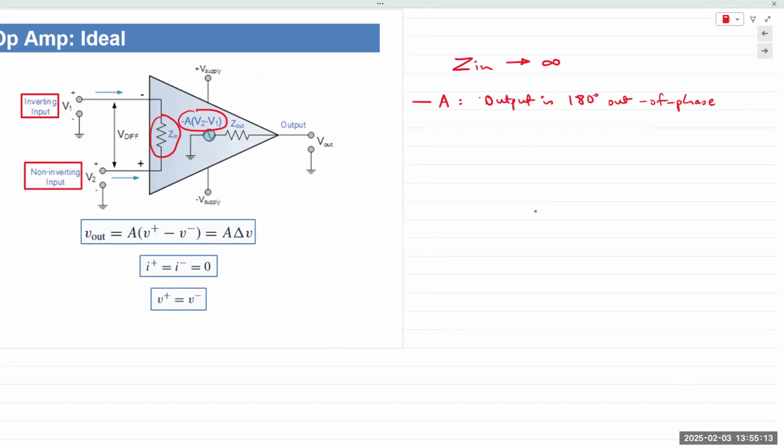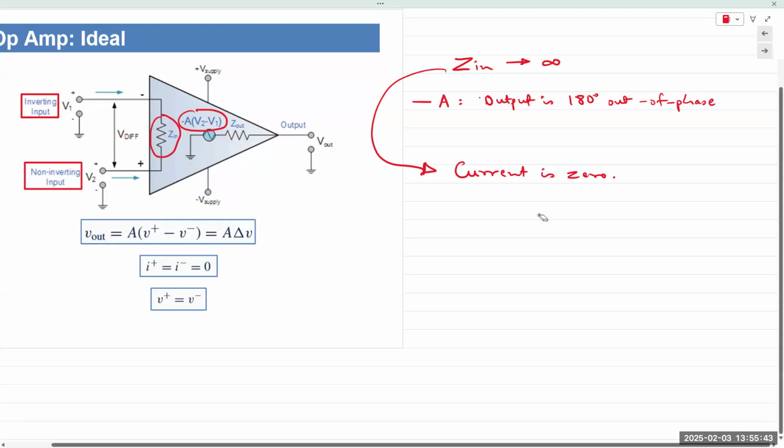But let's come back to Z in. If Z in is infinity, that means that current flowing through Z in is 0. If current is 0, what is the voltage across Z in? What is the voltage between these 2 points? Anyone? I heard someone. It should be 0.